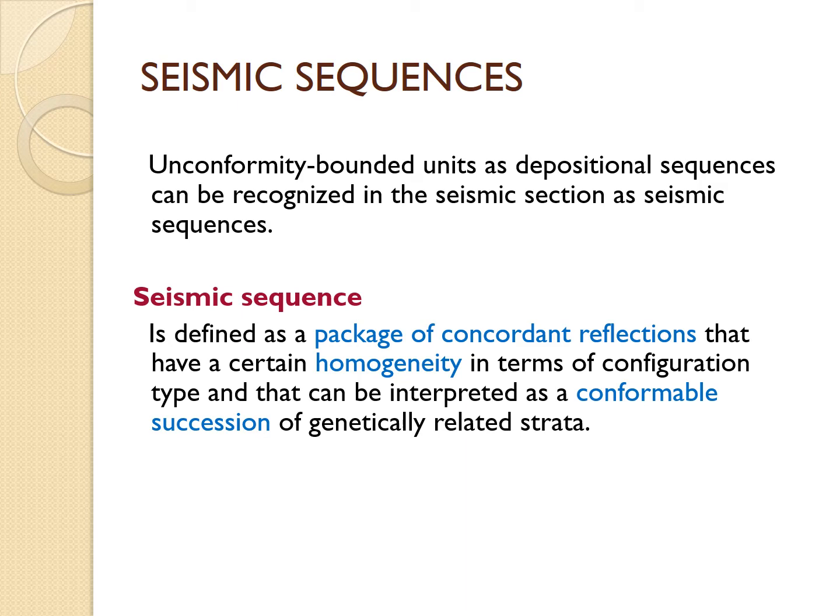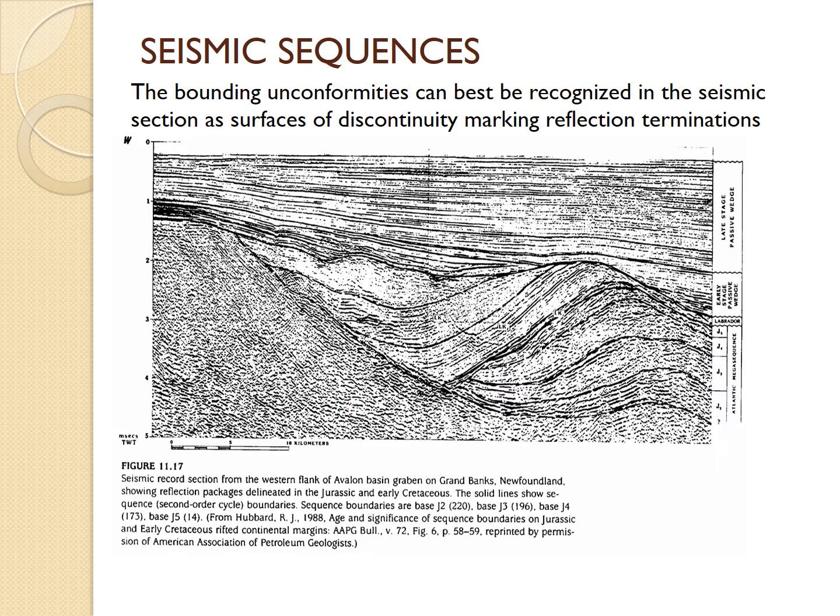Those strata are related to each other with a specific homogeneity. As you can see from this figure, the bounding unconformities can best be recognized in the seismic section as surfaces of discontinuity. You can see here those black lines between each sequence and another, and very nice concordant beds. They finish the group, you start another group. Each group of this we can call a seismic sequence.